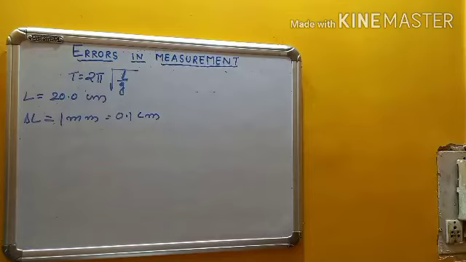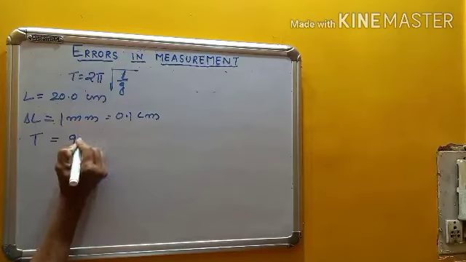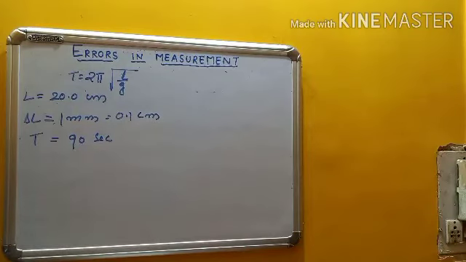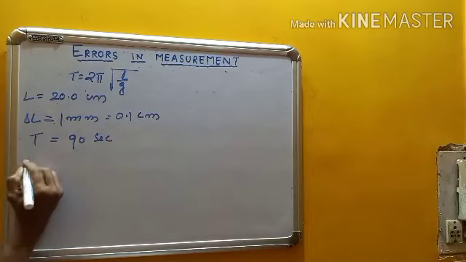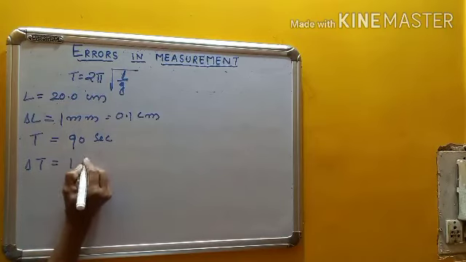Okay. Then what else is given? Time for 100 oscillations of the pendulum is found to be 90 seconds, using a wristwatch of 1 second resolution. So, 1 second resolution means the absolute error in the measurement of the time is 1 second.